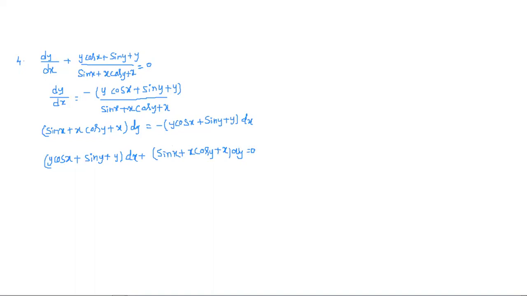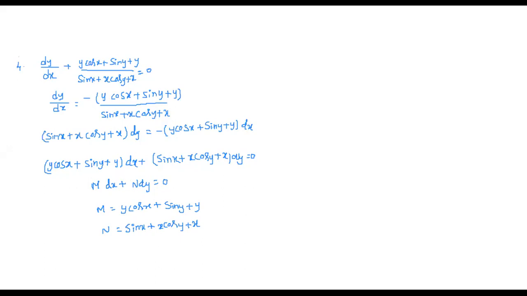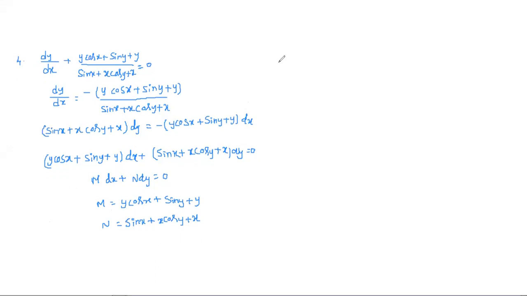Now, is this directly in the form M dx plus N dy is equal to 0? What about M? M is equal to y cos x plus sin y plus y, and N is equal to sin x plus x cos y plus x. Now we need to find dou M by dou y as well as dou N by dou x.